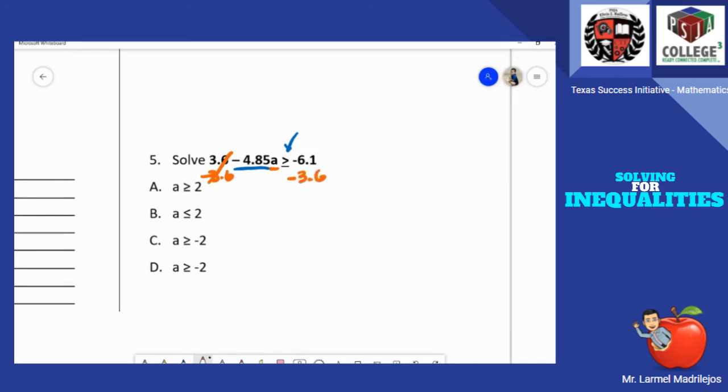So this gives me, let me write it here first, negative 4.85a greater than or equal to 7.9 minus 3.6. Okay, so this is negative 4.85a greater than or equal to negative 9.7.